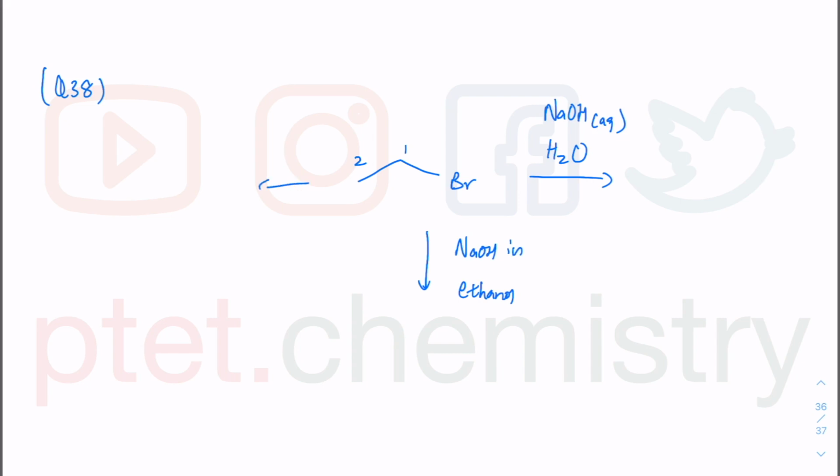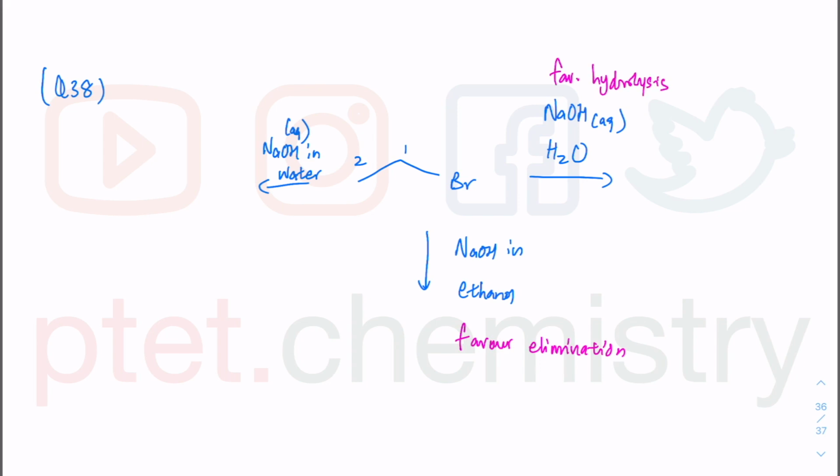And this is NaOH in water. Okay, now this is what they say. This is aqueous because it's in water. This is in ethanol, so it's not aqueous. Bromoethane, well, we know that NaOH in ethanol is going to favor elimination. So this one favors elimination, whereas NaOH in H2O favors hydrolysis.